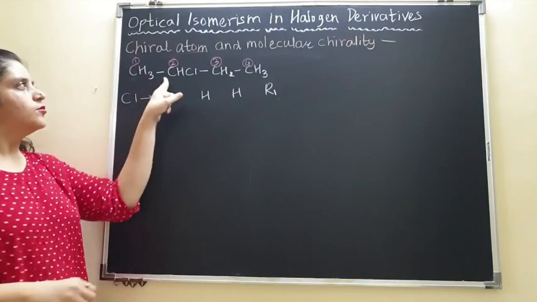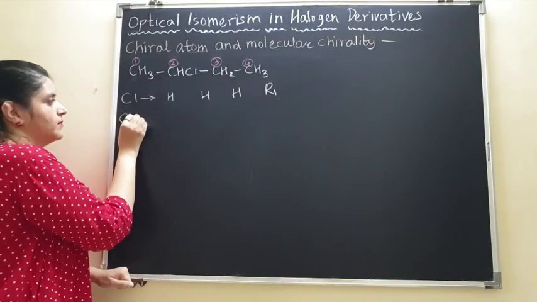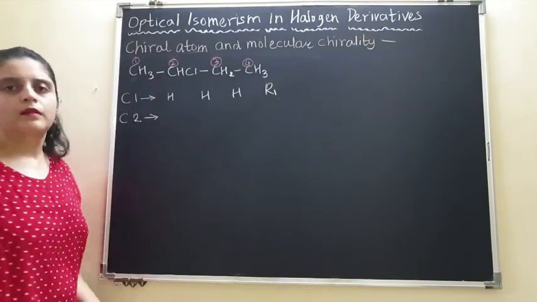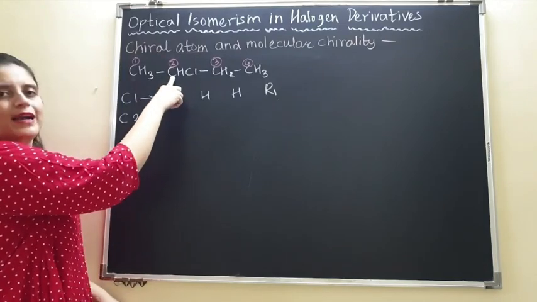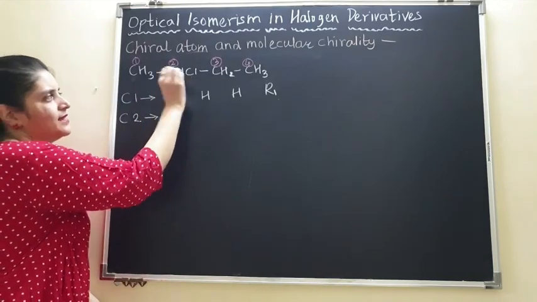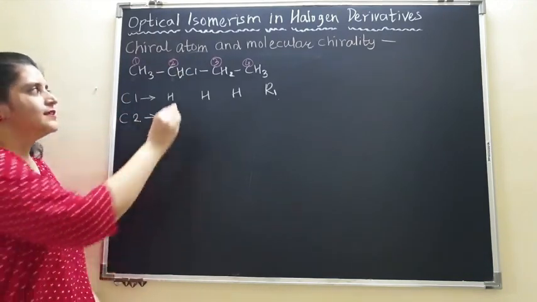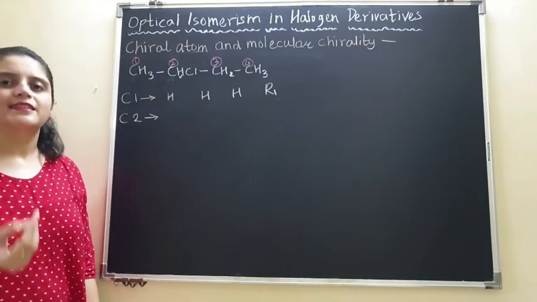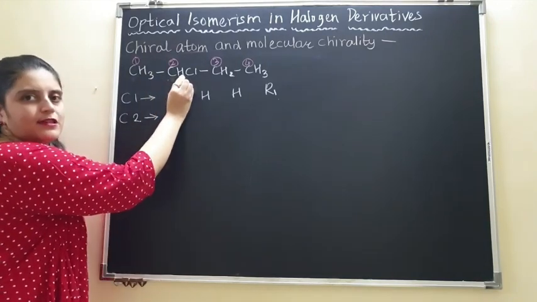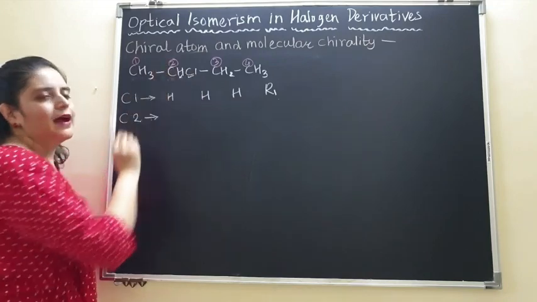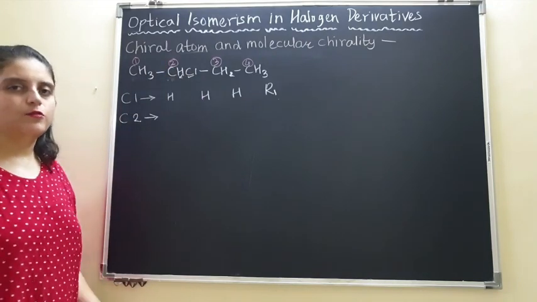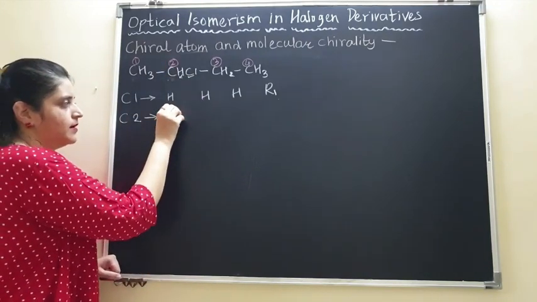Then let us go to the second carbon atom, C2. Now look at this C2. You can easily see that one hydrogen is attached because it is written as CHCl. So one hydrogen is attached to the second carbon, and also one chlorine is attached to the second carbon.